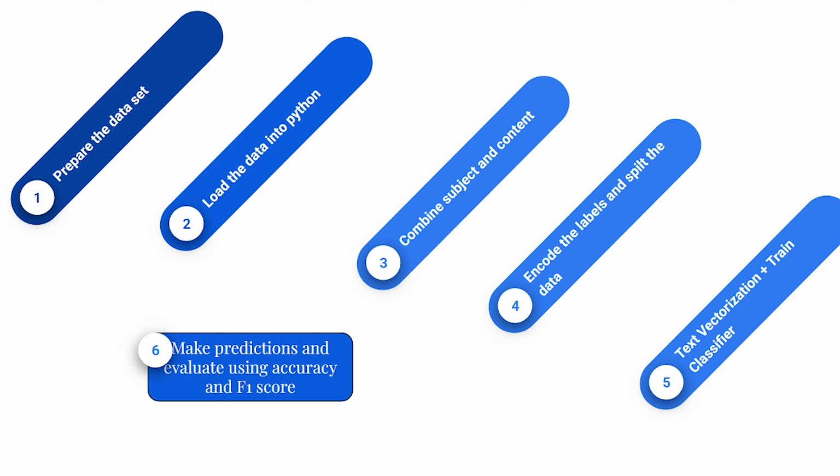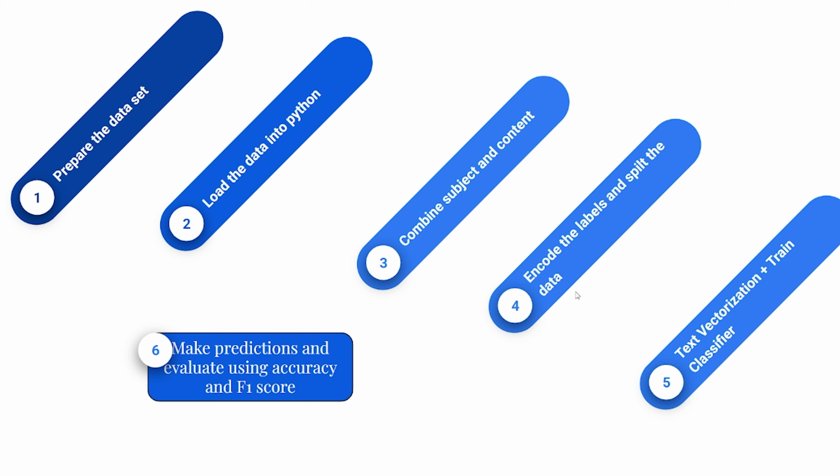After loading the data, we can combine the subject and the content, because in the Excel sheet there are separate columns for the subject and the email content. We have to combine both into one column. After combining both columns, we need to encode the labels and split the data.